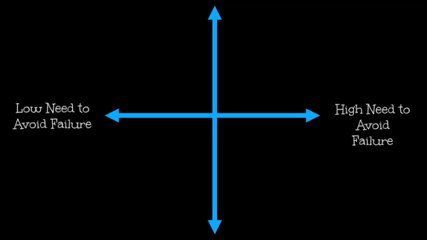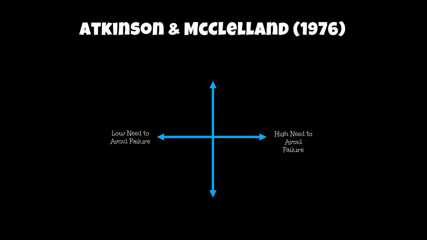That's not quite the same as not minding, but they want to avoid failure less than those people who really have a high need to avoid looking like an idiot, looking like a complete failure.